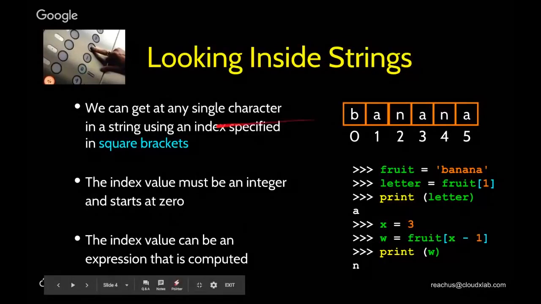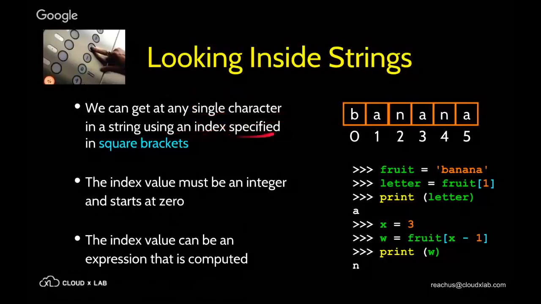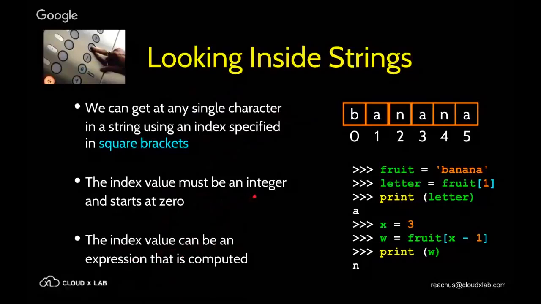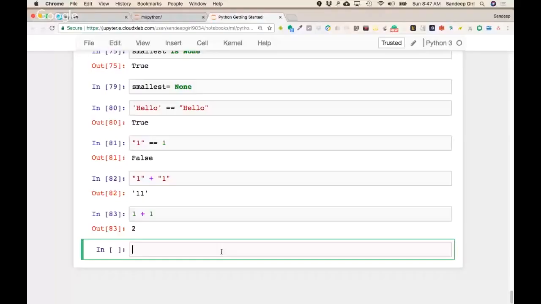So we can get to any single character of the string using the index. The index value must be an integer and starts at 0. And the index can be an expression that is computed. Let me show you what it means. Let's say we have a fruit called banana.